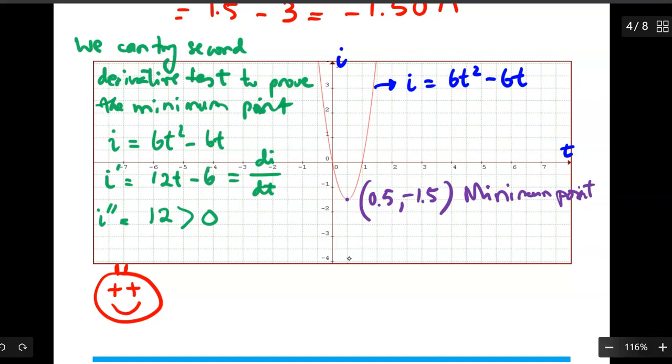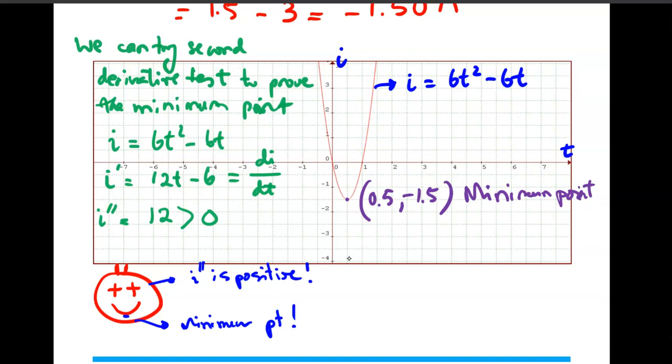If he's smiling, right here, I should have a minimum point. So as I found, I double prime is positive. I should indicate that I is measured in amperes, t measured in seconds.